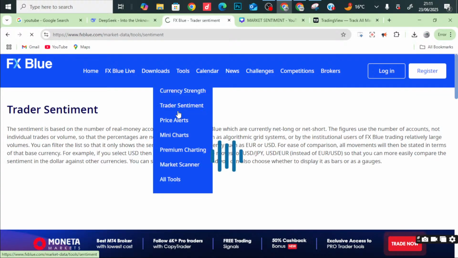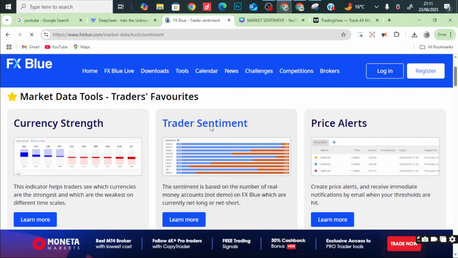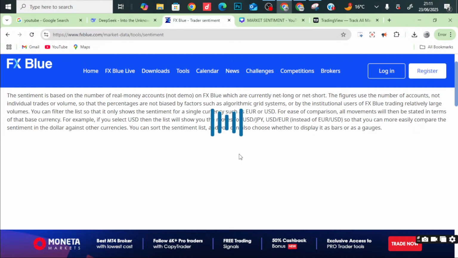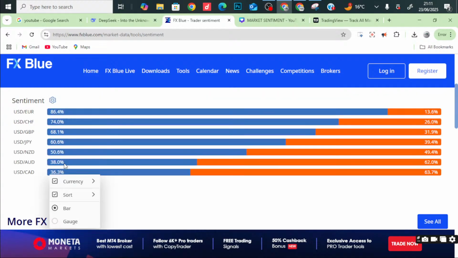So we come here to trader sentiment. Under the trader sentiment, go to the settings. You can select gauges.